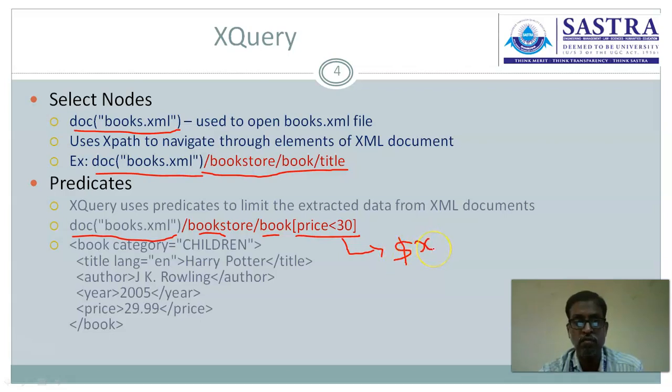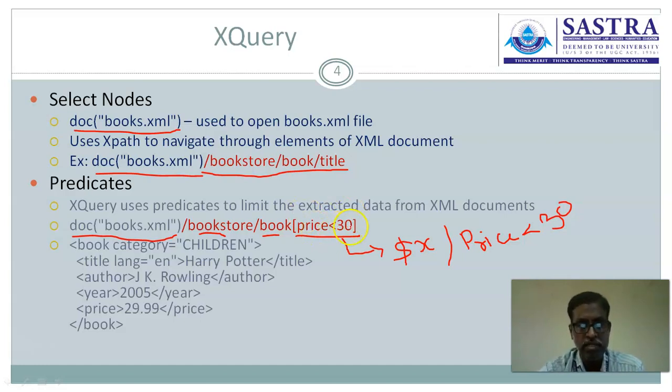That we have already discussed in the variables. $x slash price less than 30. Here, according to our XPath expression, price less than 30. As I said previously, a slight modification is present between XQuery and XPath.